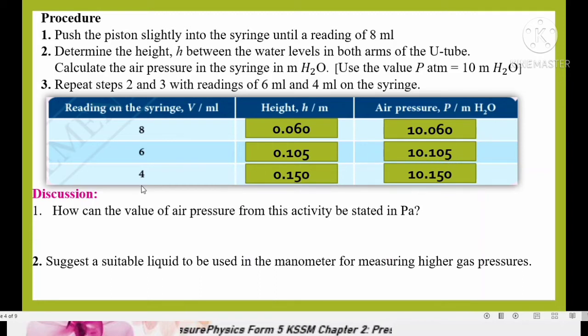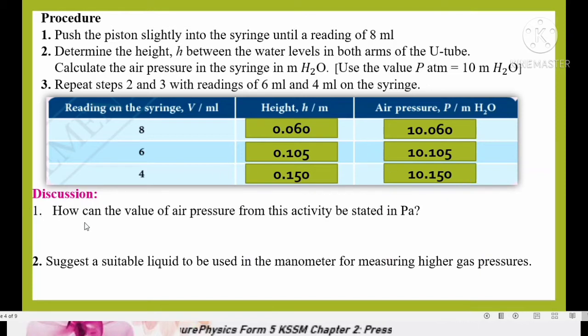And then for 4 milliliter, the height is 0.150 meter. So the air pressure in the string equals 10 meter of water plus 0.15 meter of water. So we get 10.150 meter of water.